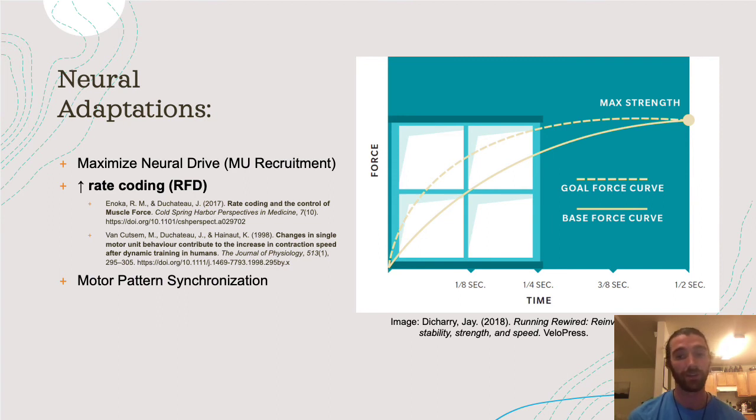So how we do that is through lighter explosive resistance with an emphasis on maximal velocity against that resistance. The goal here is to train a physiological process where you're discharging action potentials more frequently to create higher peak tension.